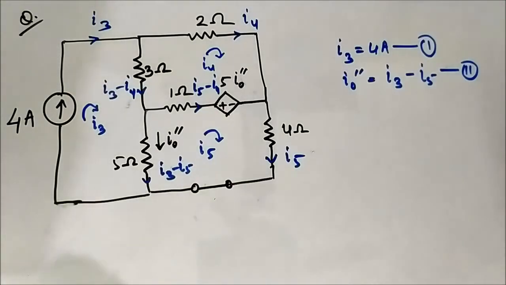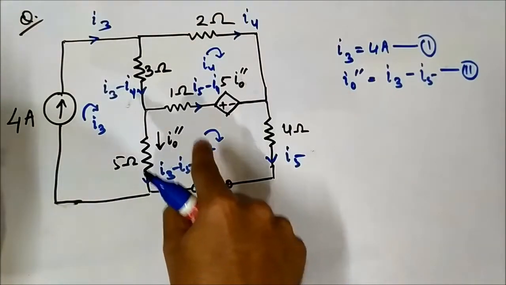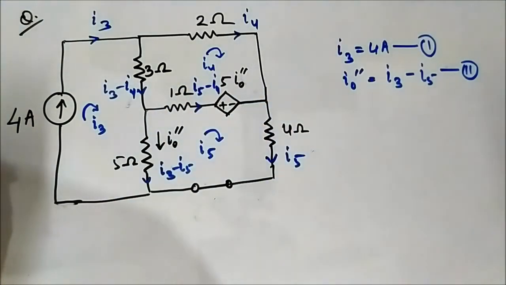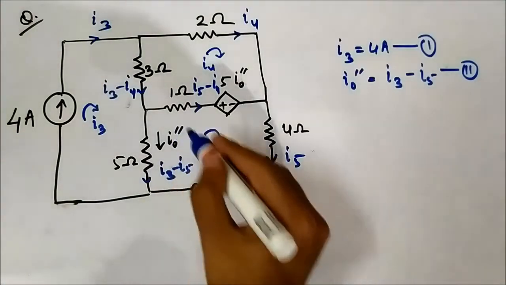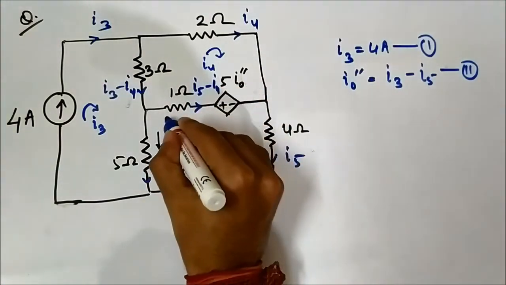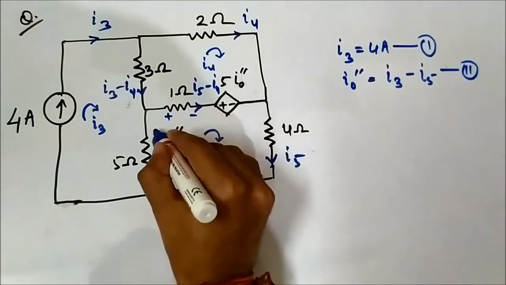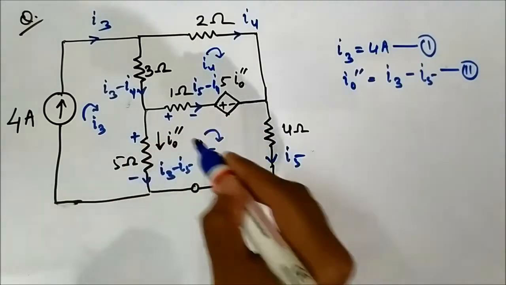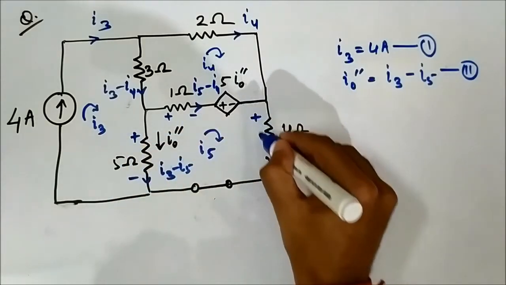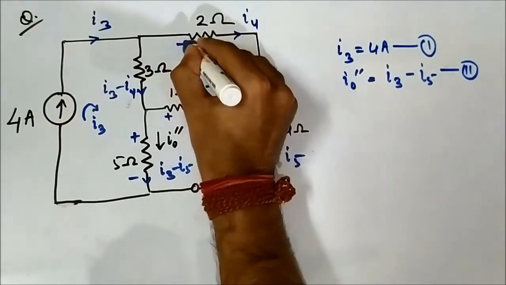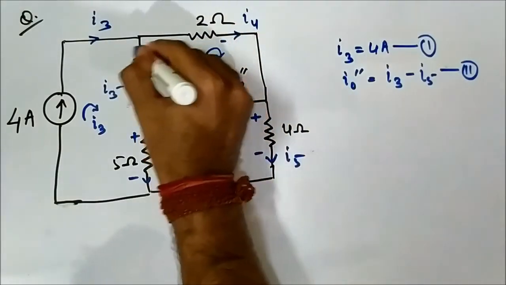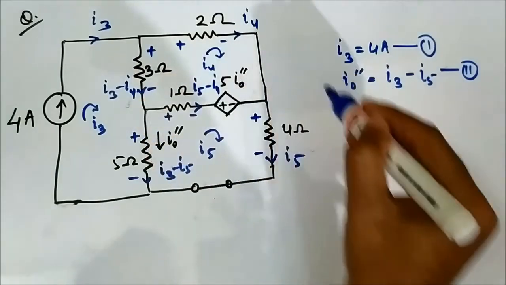So let us apply the KVL equations, first in this mesh and then in this mesh. Okay, let us assign the polarities as well, plus minus, plus minus, plus minus, here also from positive to negative, plus minus, and here also plus minus.